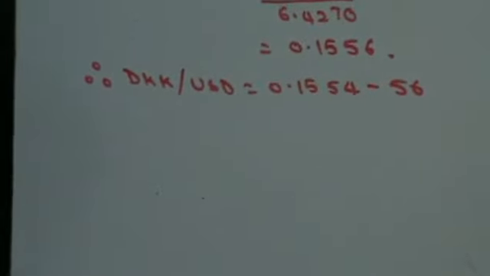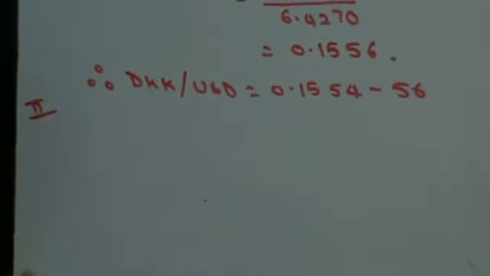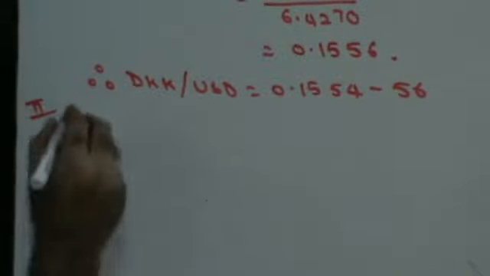Next, type 2, where they tell you to find out cross rate calculation.